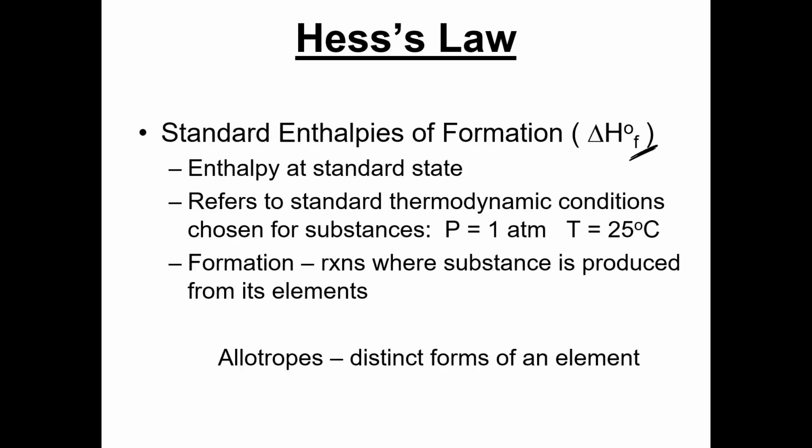Now let's pick a different substance just for fun. Let's say you want to make carbon dioxide. The delta H of formation would be based on the reaction of the elements in their natural phase.